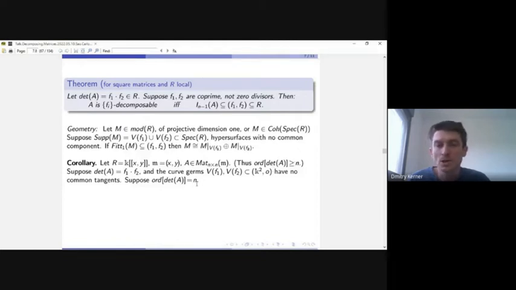So this is the generic case. There are no hidden degeneracies, no sudden cancellations. Yes, the order of the determinant is exactly as we would expect. And then we get that the kernel decomposes into the direct sum. Or if you wish, the corresponding matrix is decomposable, is block-diagonalizable.